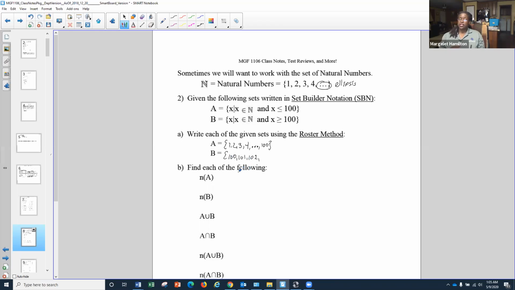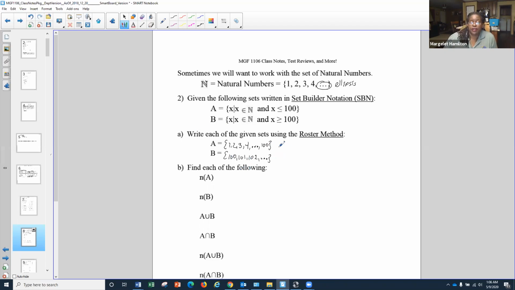But does this set stop? No. It started at 100. It's going on forever. We don't know where it's going to stop. So we're going to put our ellipse right here at the end and let it keep on going, and then close it up.